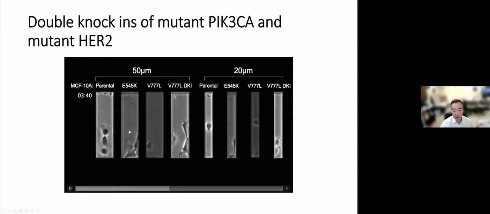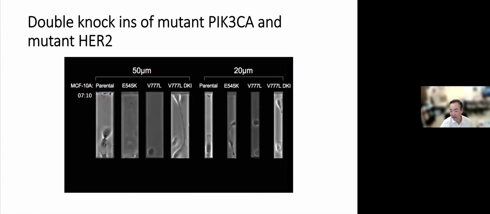As you can see here, this is the parental, this is the single PIK3CA knock-in, the single HER2 knock-in, and then you can see more cells going over to the other side with the double knock-ins. And that was true in both the 50 micron and the 20 micron chambers. Again, hopefully you can see that going.